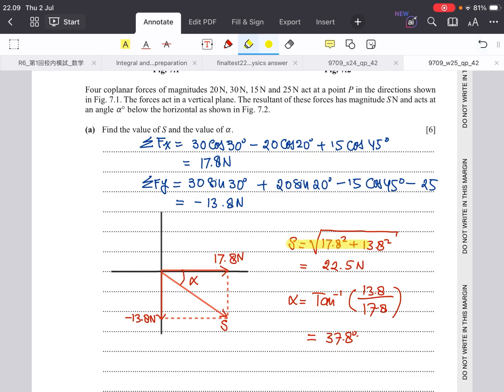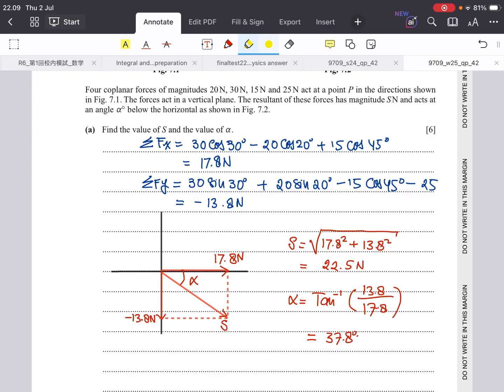So we can find S using Pythagoras theorem: square root of 17.8 squared plus 13.8 squared. So the magnitude of S is 22.5 Newton.